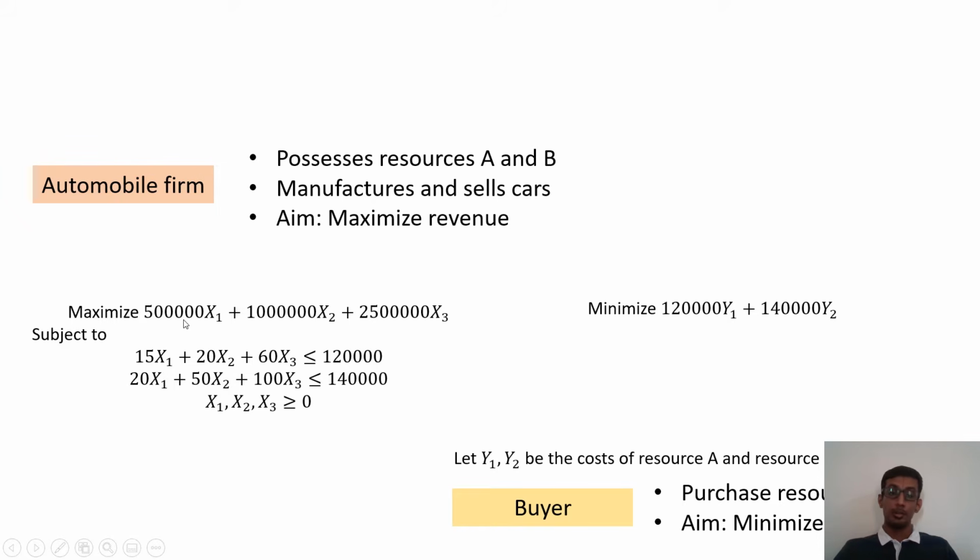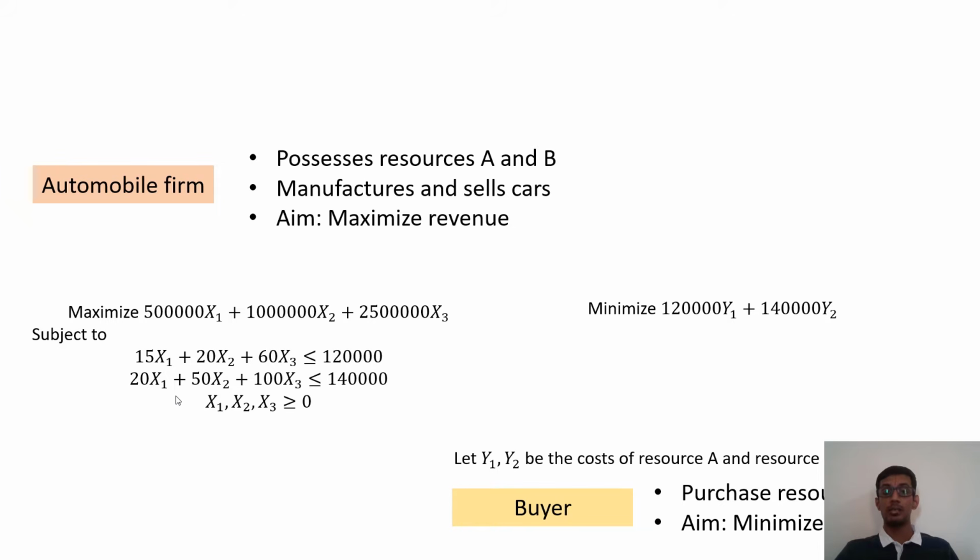Now, for producing a hatchback car, it requires 15 units of resource A and 20 units of resource B, right? So if you have 15 units of resource A and 20 units of resource B, you can very well manufacture a hatchback car and sell it at 5 lakh rupees.